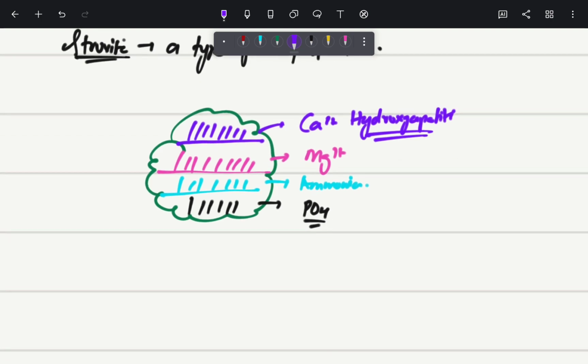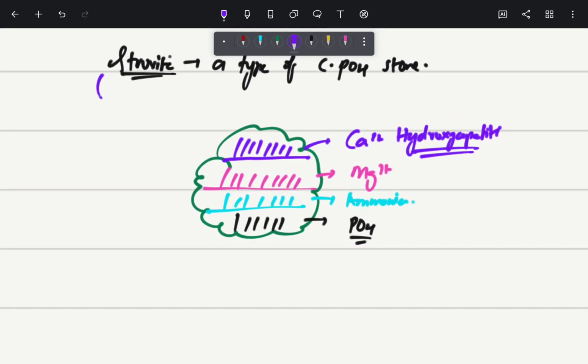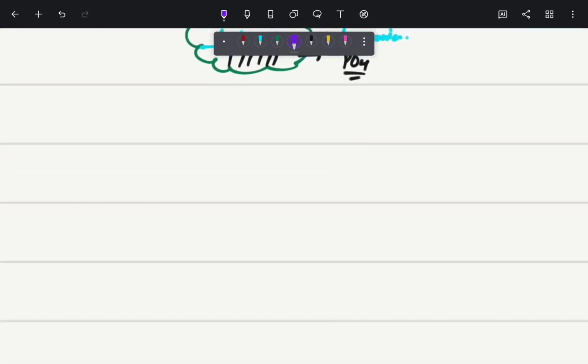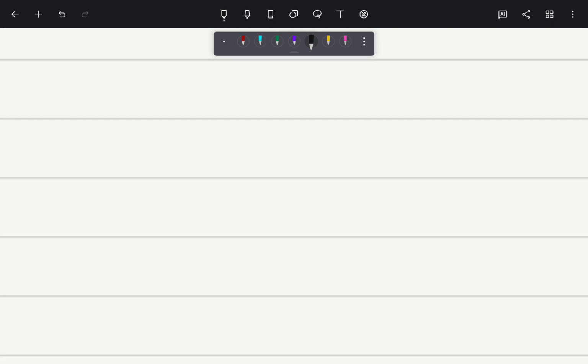Now, aside from that, the most important thing here is that in struvite stone, you will see the staghorn calculus. What is meant by this staghorn calculus? Please write the definition of it.